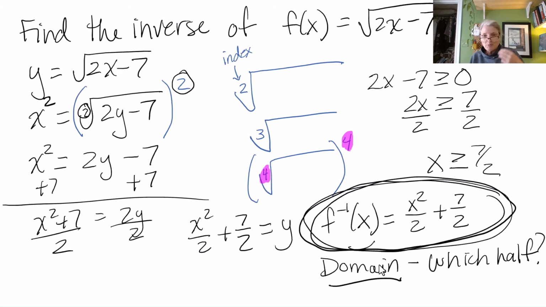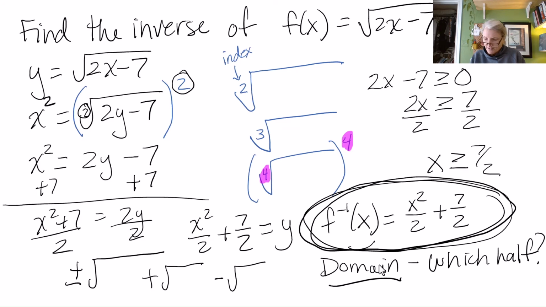Again, you have to think about finding the inverse of the quadratic. And that was in a previous video. And when you find the inverse, remember there's always that plus or minus in front of the radical. If you have the plus in front of the radical, that means the right half of the parabola. If you have the minus, that means the left half of the parabola.